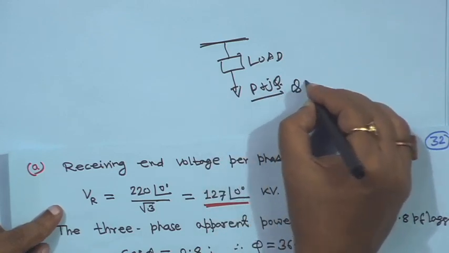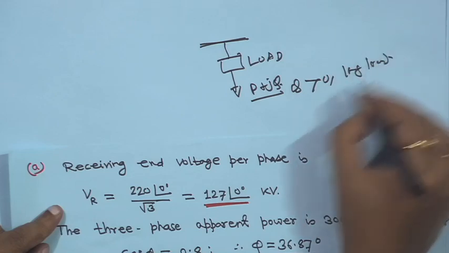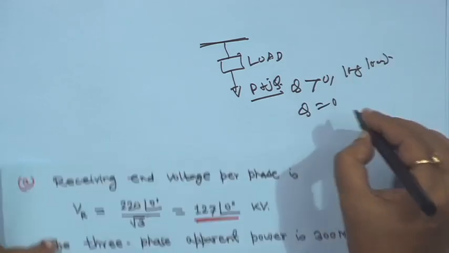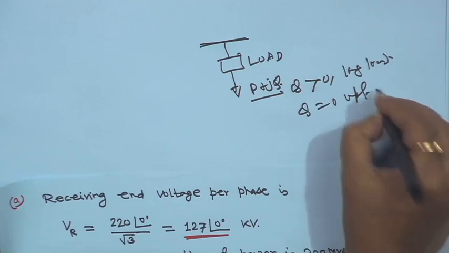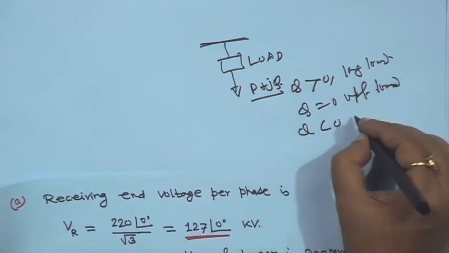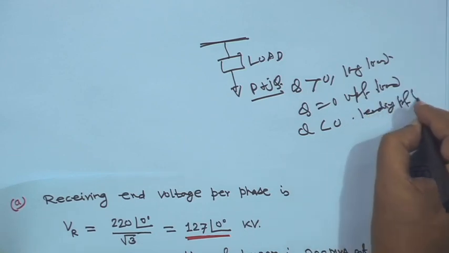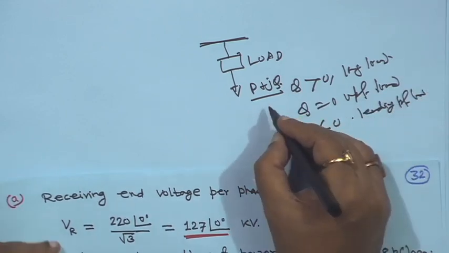If Q is greater than 0, it is called a lagging load. If Q is equal to 0, it is a unity power factor load, and if Q is less than 0, that is negative, it is a leading power factor load.